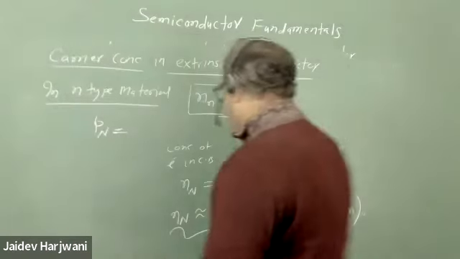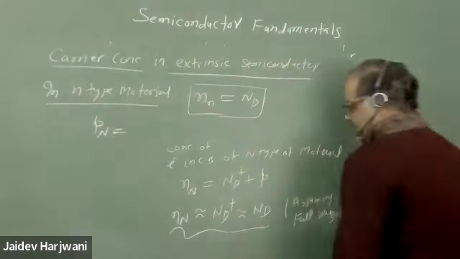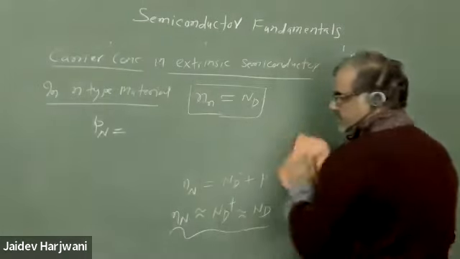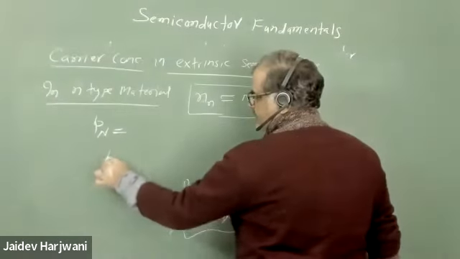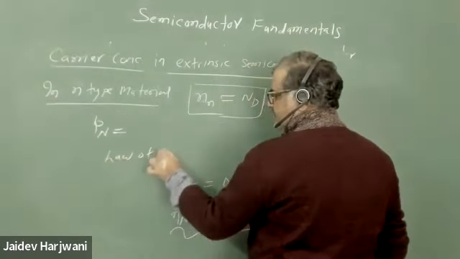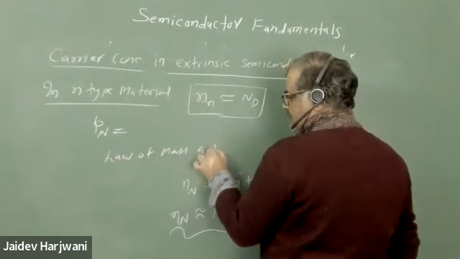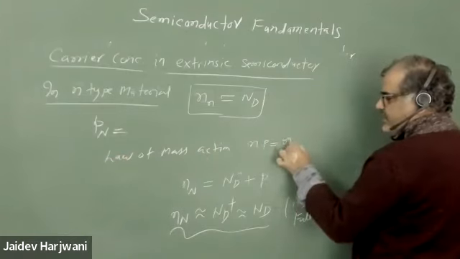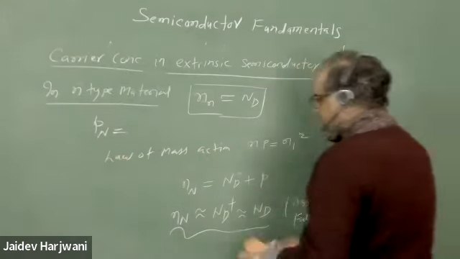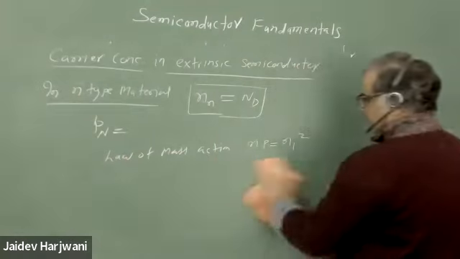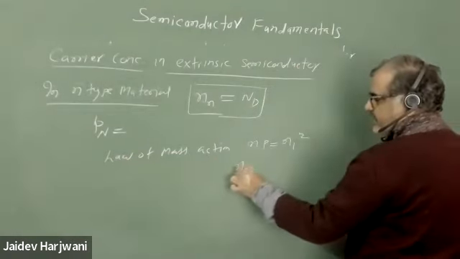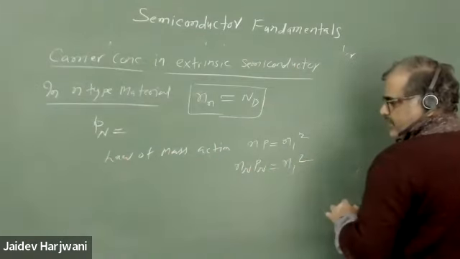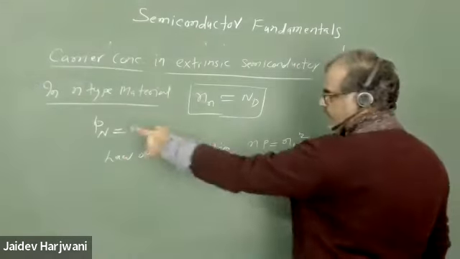So what does the law of mass action say? It says that np equals ni square. You're writing this for n-type material, so you can write Pn times Nn is equal to ni square. So I know Nn, I can calculate Pn.